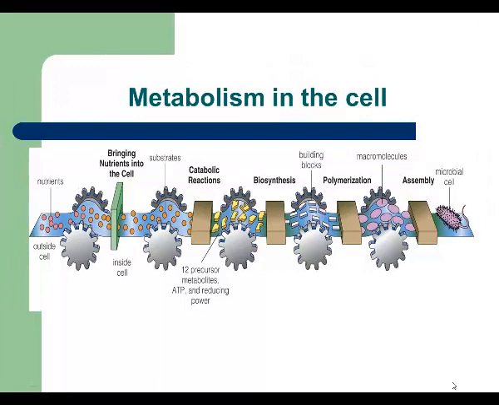This slide shows you that all metabolic tasks are connected to each other and depend on each other. Remember, the first metabolic task is called bringing nutrients into the cell. And you see how nutrients go across the cell envelope.